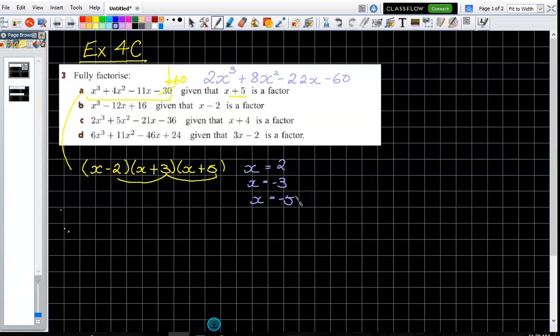But you can't say that this equals, if you then went this equals x take 2, x plus 3, x plus 5, you're going to get a big fat no. That's wrong. Do you see why?